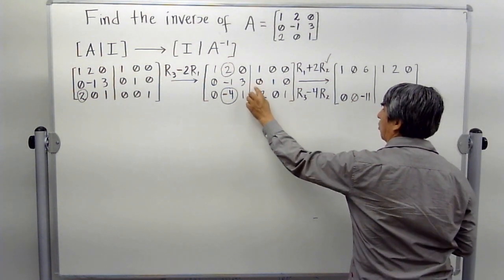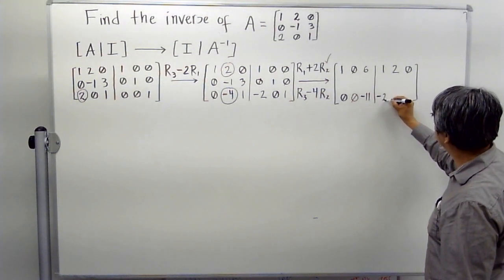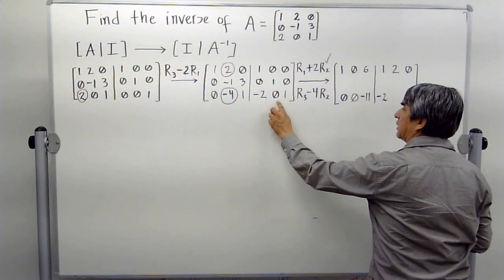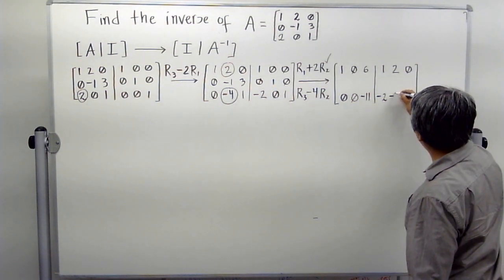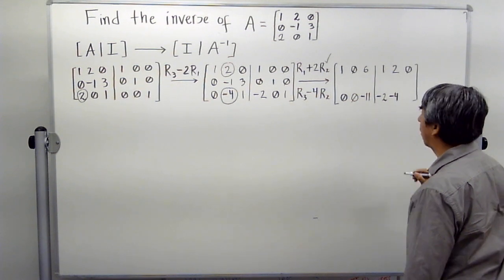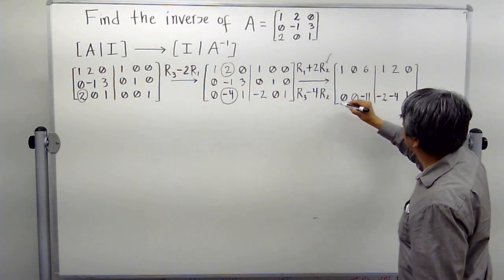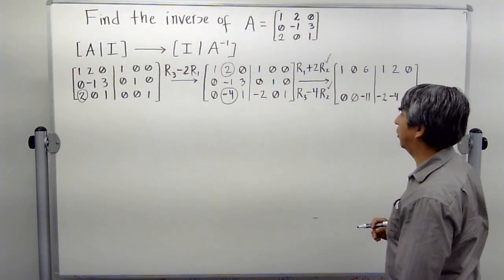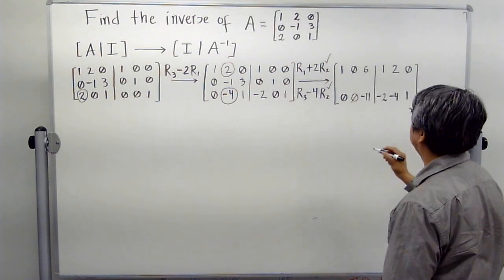Negative 2 minus 4 times 0 is negative 2. 0 minus 4 times 1 is negative 4. 1 minus 4 times 0 is 1. We're done with that row operation. We keep row 2.